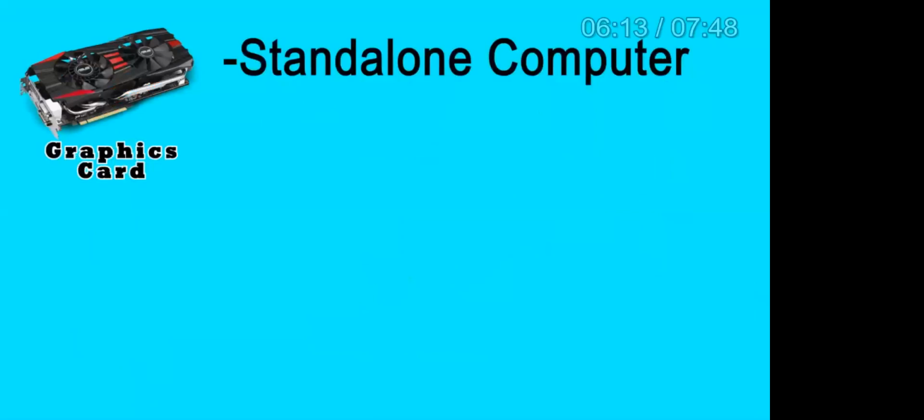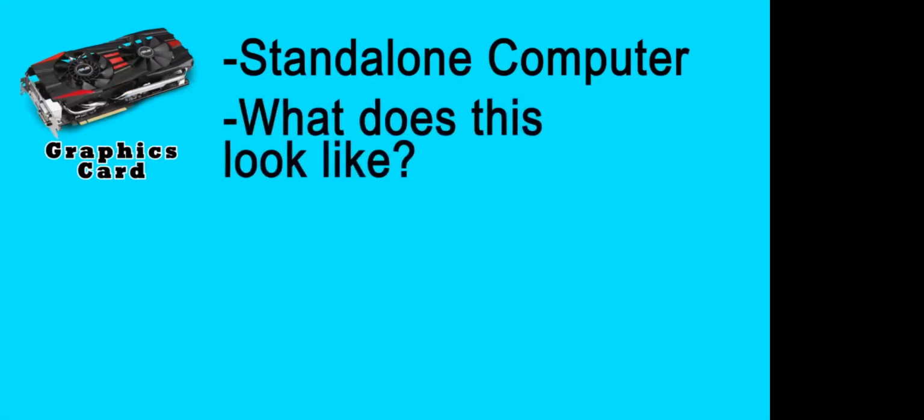So to summarize what I talked about so far, the case stores everything in a physical box. The graphics card is an entire computer in and of itself, dedicated to the sole task of figuring out what pixels need to light up.